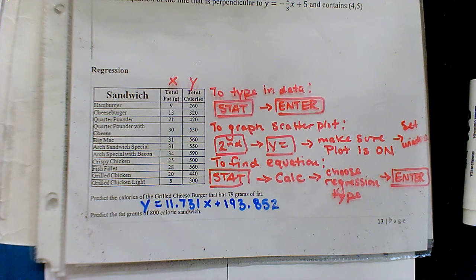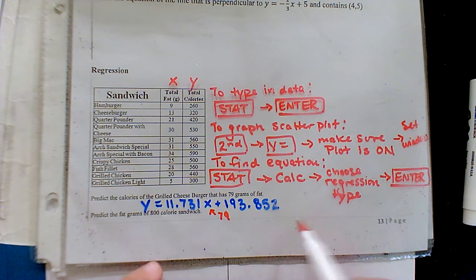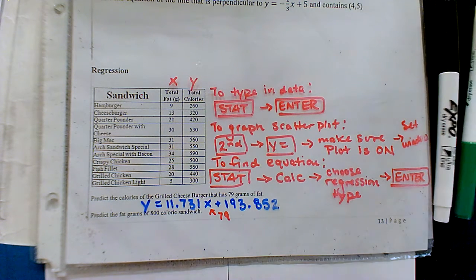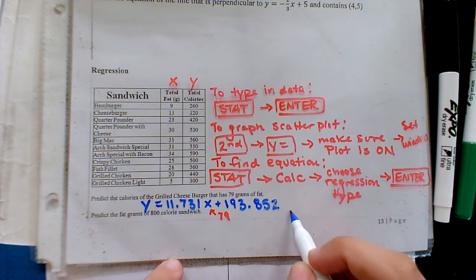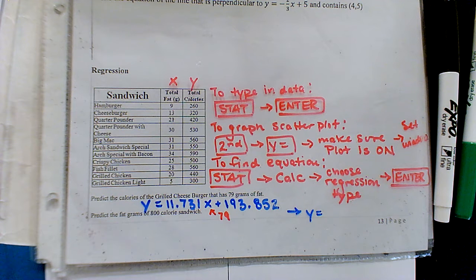What do you think, Matt? Yep. 79 in for X. All right, we're going to plug 79 in for X and see what we get. All right, go ahead and do that on your calculator. To exit out of your graph, hit clear a few times, and you can go ahead and type it in. We're going to plug in 79 for X.